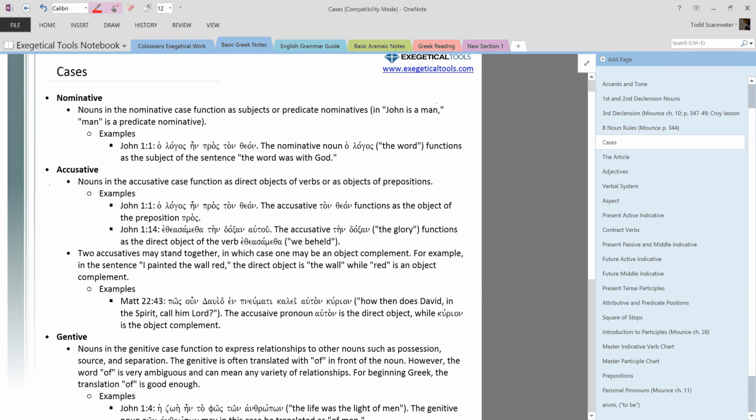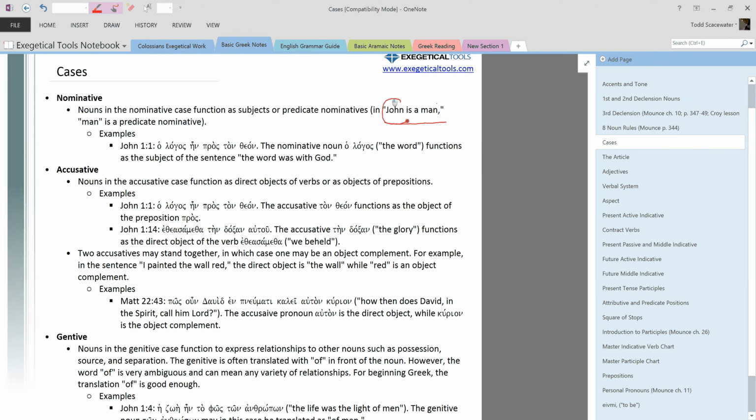So the nominative case, this is what we might call the naming case, and nominatives typically function as the subjects of sentences. They can also function as predicate nominatives, and if you're not sure what that is, that means you have a nominative that's showing up in the predicate of a sentence. For example, in English, "John is a man."